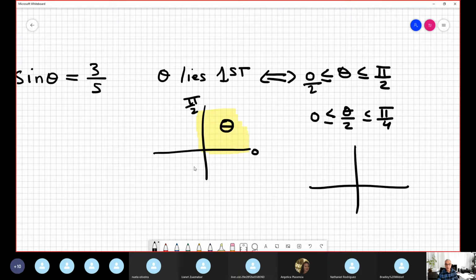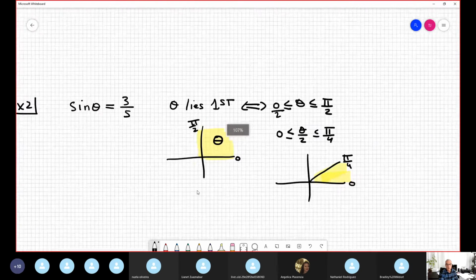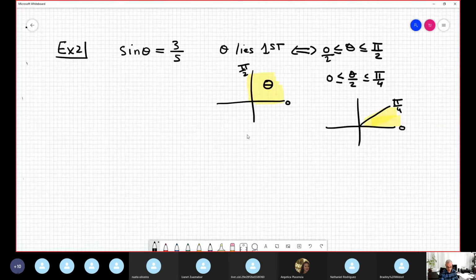However, theta over 2, a half angle, lies in this piece of the first quadrant, que is in between 0 and 45 degrees, que is pi over 4. This is the region for the half angle. That means que both lie in the first quadrant. So any trigonometric function that we find using the formula is positive.